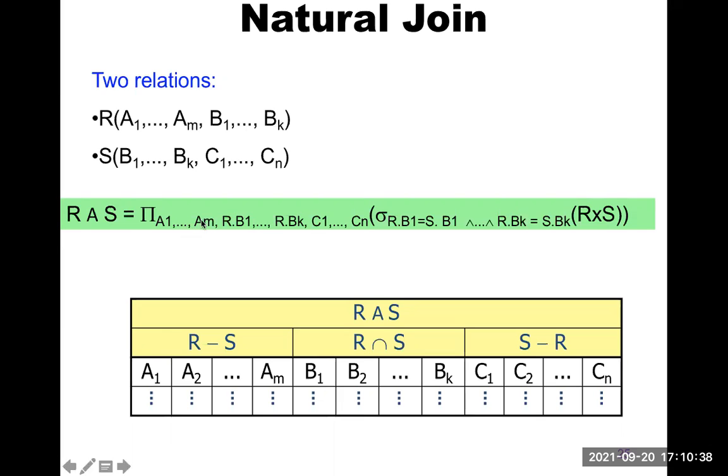And then the result of this expression has all the columns from R plus all the columns from S. So we have duplicates of columns, B1 from here and B1 from there. And then projection leaves only one instance for each B1, B2, and BK. So that's a join, and this join is called natural join.